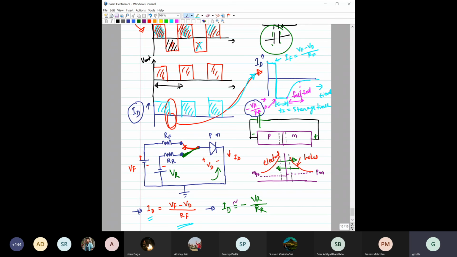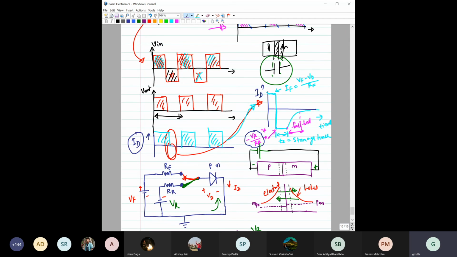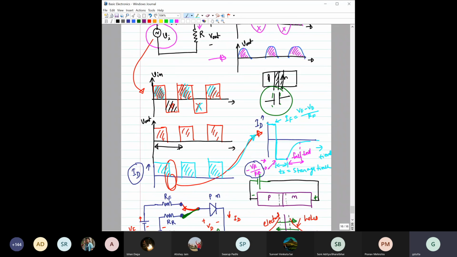So you understood that when we are considering the case where the diode is switching from on to off, we should also take care of the transient part, which for your course is not that big a deal.